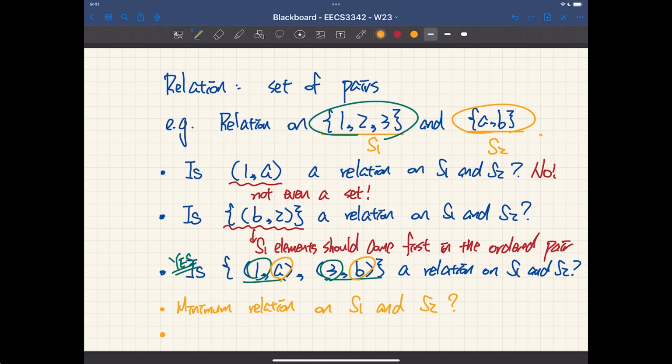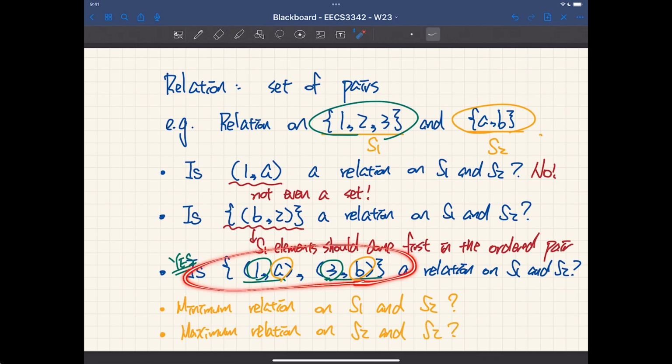Number two: what would be the maximum relation on S2 and S1? The one we just did is neither minimum nor maximum; it's somewhere in between. Let's figure out the extreme cases, and then we will be able to enumerate all the relations, like how we enumerated the power set. That's where we're going.